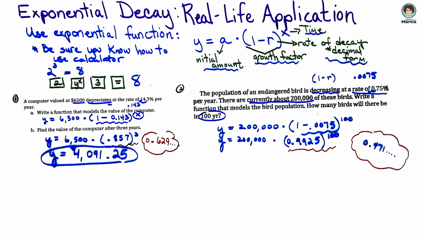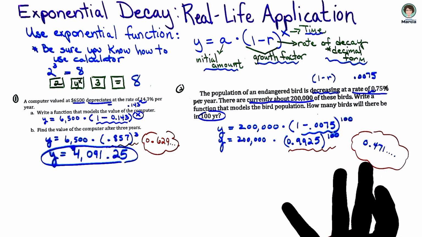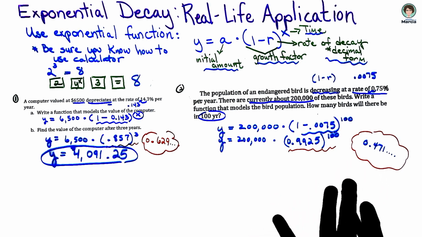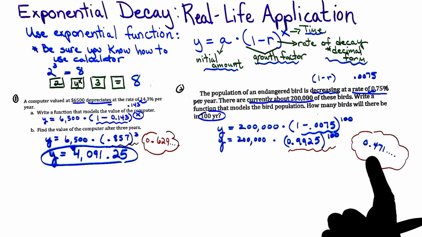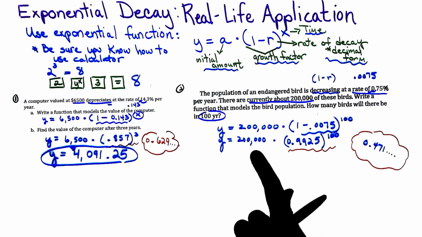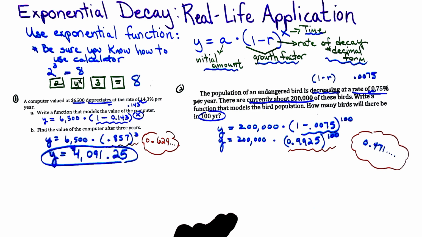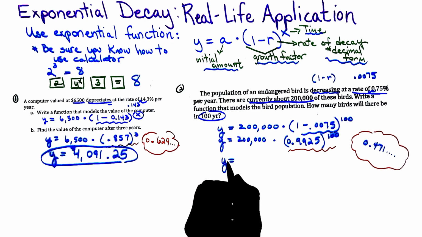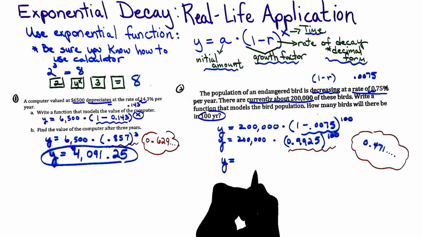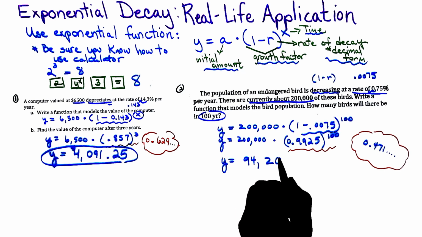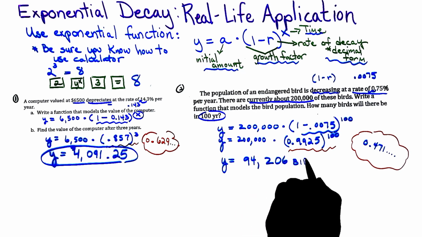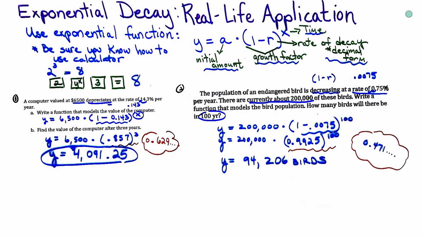If you need to pause this video to make sure you have that, that's great. So now that we have that, we are not going to clear our calculator. We are going to just multiply it times 200,000. And when we do, we will find out how many of these birds will still be around 100 years from now. 94,206 birds will be approximately around.